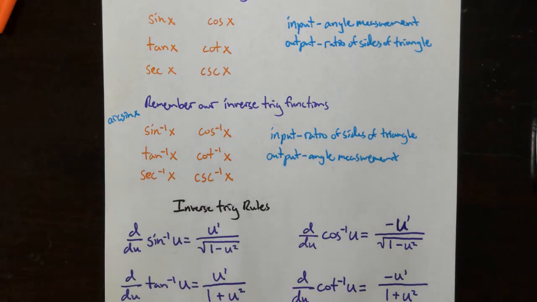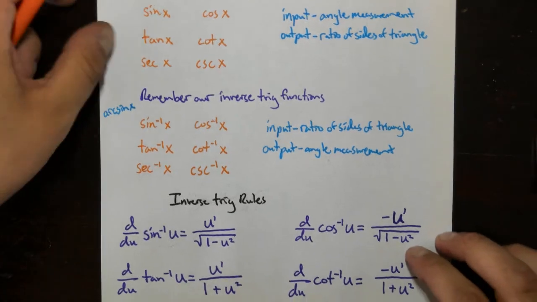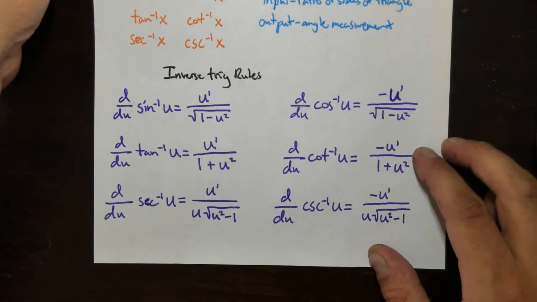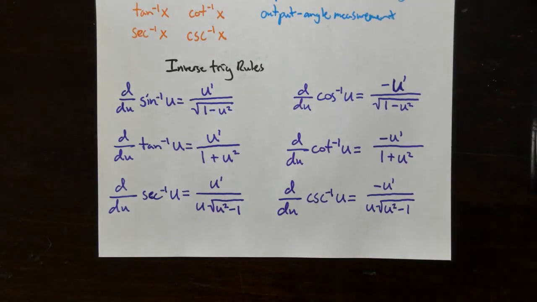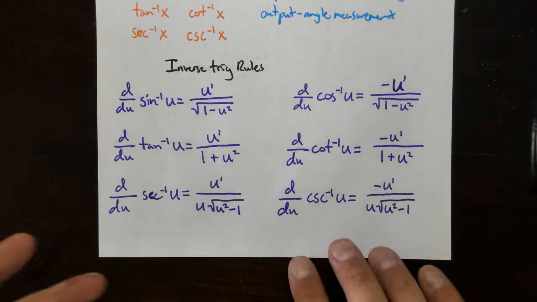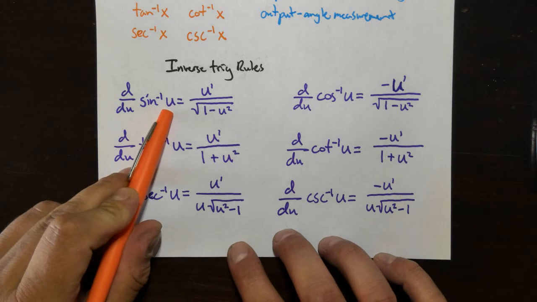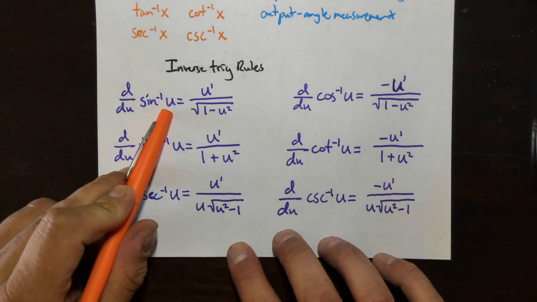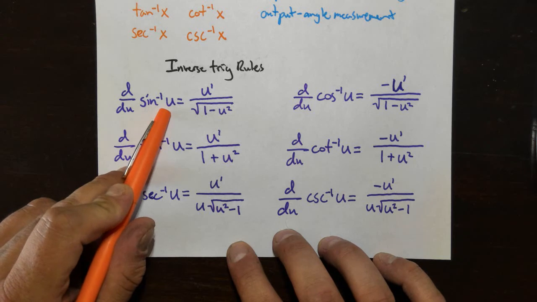But when it comes to taking the derivative of inverse trig functions, we have some nifty little rules for us, and that is here. I would recommend writing this down somewhere handy so you can reference it. Now, the u is just whatever we're inputting.